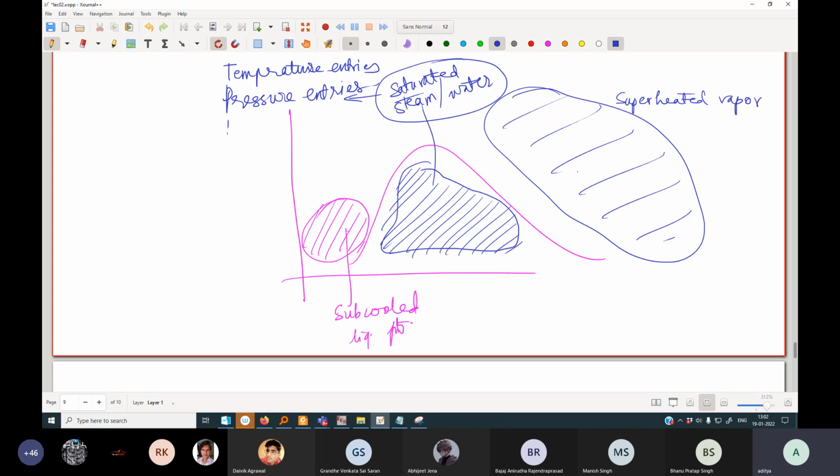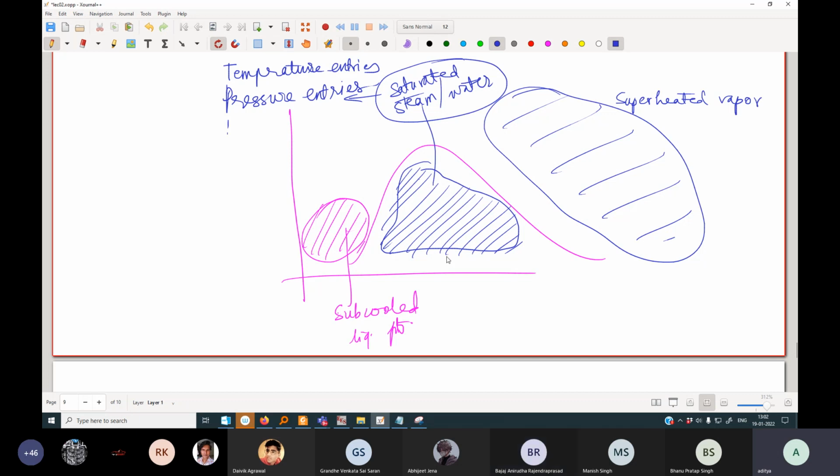I will do it for some problems. Once we get past that, once we stop treating this table as something very sacrosanct, we can then simply use the computer to fetch the values, because then you will see that it takes more time to fetch the values and interpolate them than actually solving the problem itself.